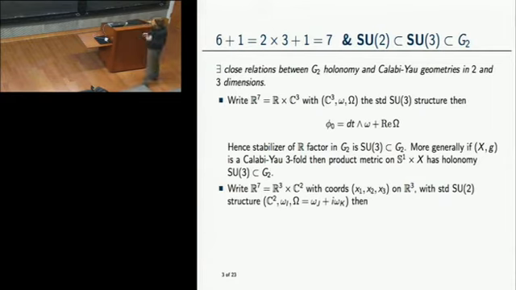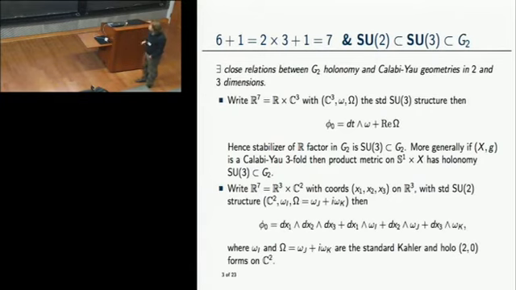Also important will be to split off some more factors at some stage. So if instead of just splitting off a line, I split off this R3, then again, having coordinates on this R3 and the SU2 structure, omega I and the complex form omega, writing it as omega j plus i omega k in quaternionic language, the three form I can think of as the three coordinates here, and then omega I, omega j, omega k, and then the x's.